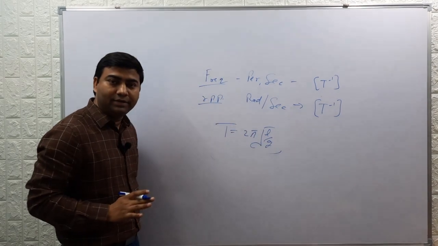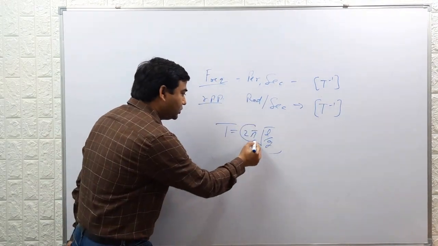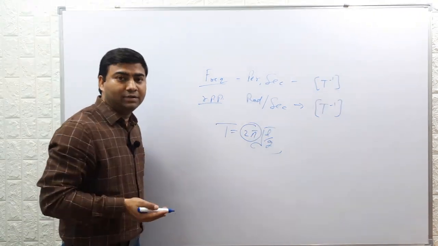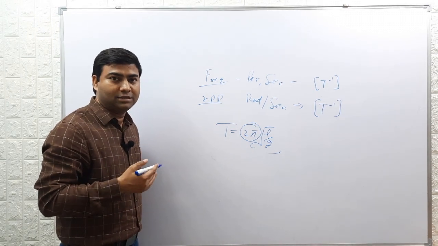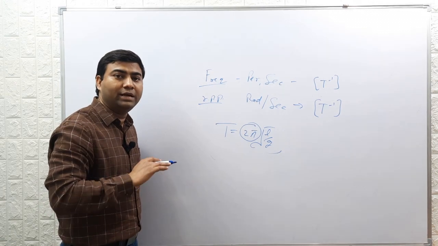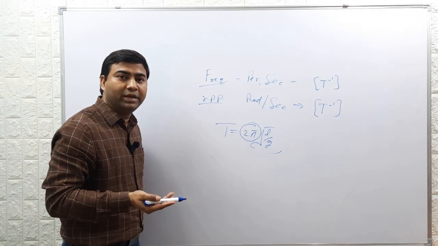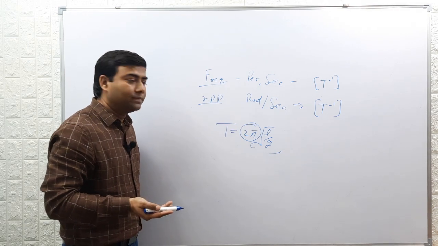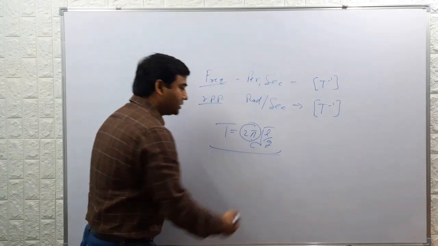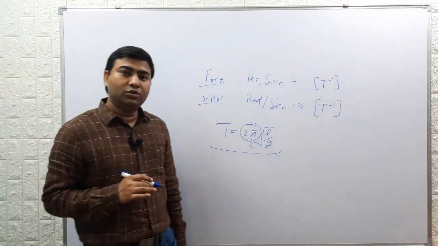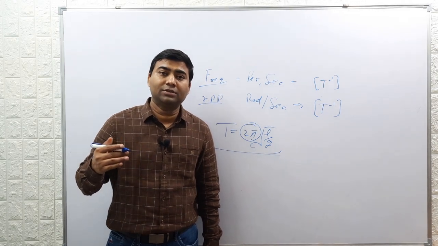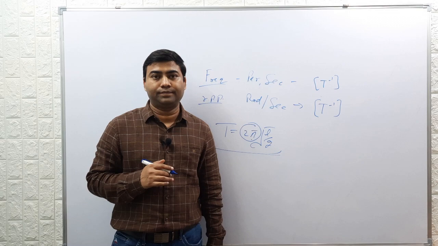But this constant, that is 2 pi, could not be derived based on dimensional analysis because it is a dimensionless constant. It can be derived by other theoretical methods or by experimental methods, but by the dimensional method this 2 pi cannot be derived. So that is the limitation of dimensional analysis about dimensionless constants in an equation.